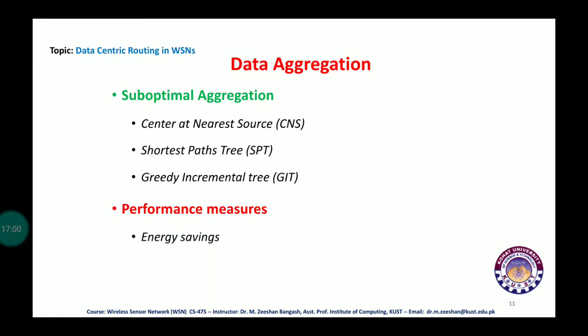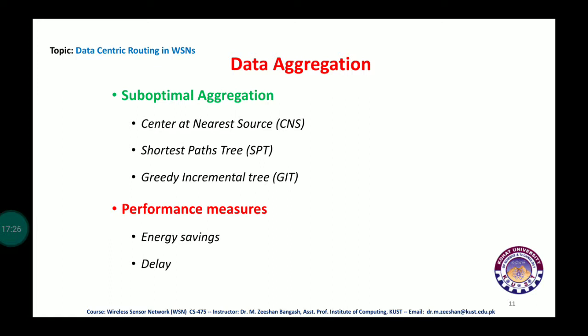So what are the performance measures? Whatever suboptimal aggregation technique you use for data aggregation, you have to calculate the energy saving and the delay. So whether the technique is consuming or saving energy for your wireless sensor network is one of the performance metrics you have to measure when you are implementing any suboptimal aggregation.